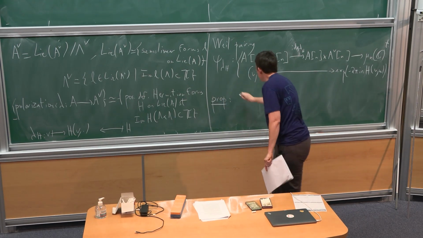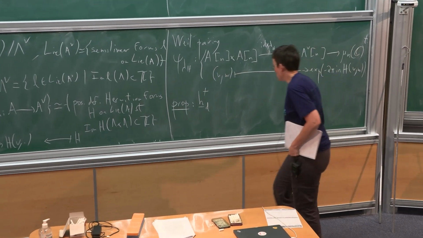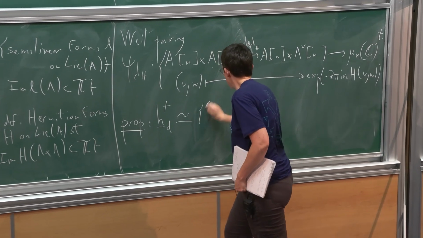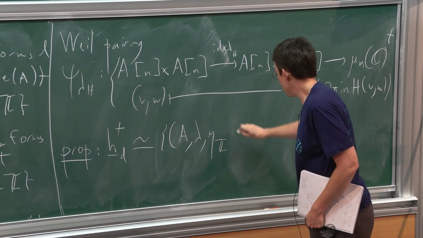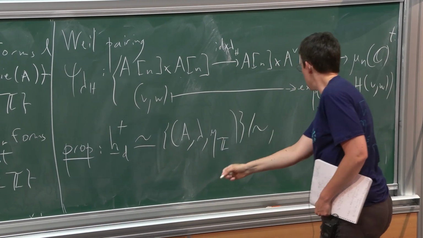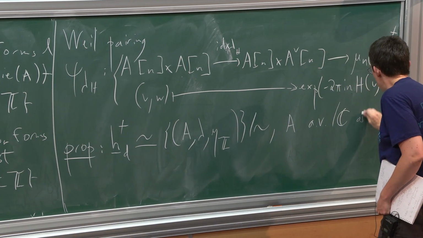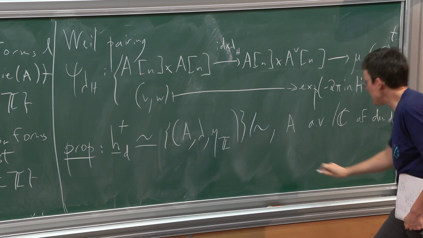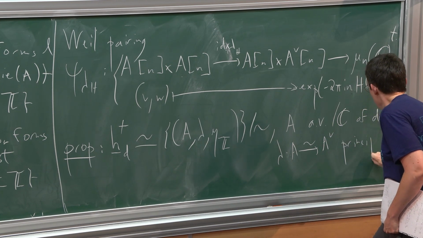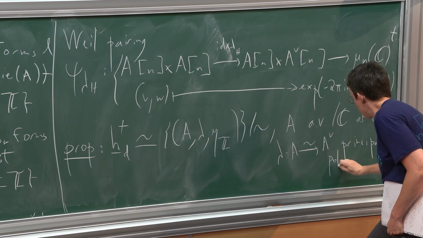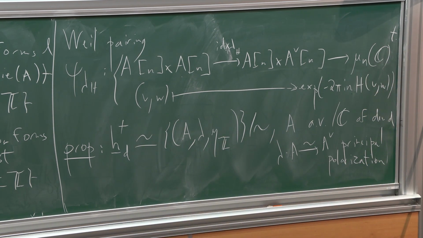The result is that this Poincaré half space, sorry, is in bijection with the set of isomorphism classes of triples (A, lambda, eta), where A is an Abelian variety over C of dimension d, lambda is a principal polarization, so it means a polarization that is an isomorphism.